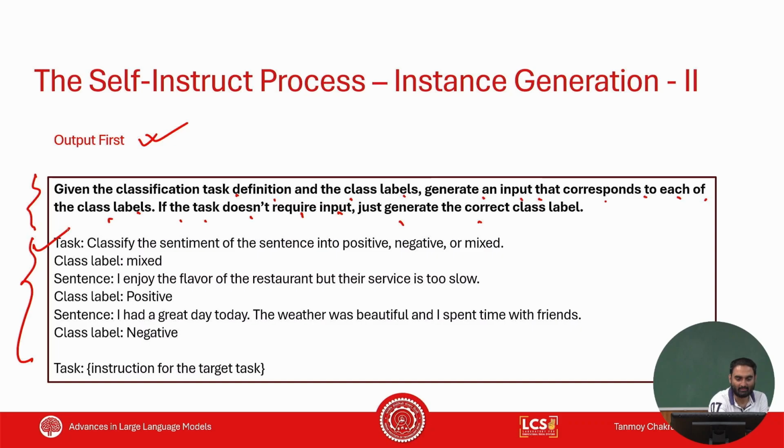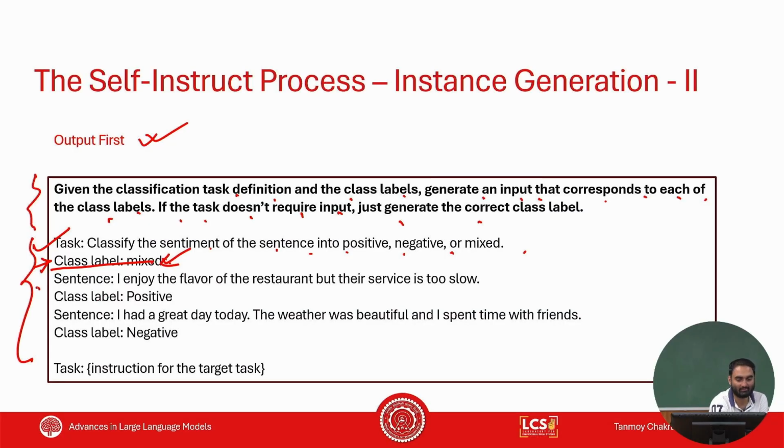And this is my task description: classify the sentiment of the sentence into positive, negative, and mixed. You see the first input is the class itself. So you want to generate a mixed class sentence. In this line you write class label is mixed, and generate a sentence whose sentiment is mixed.